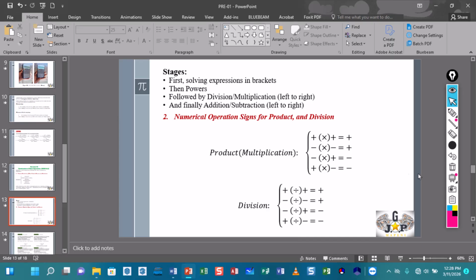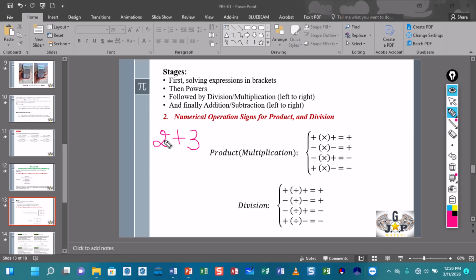Example, I'm going to take a quick example here. Let's go with plus times plus. Sorry, I've increased the pen size of my marker. Let's say I have here 2 plus 3, something like this.